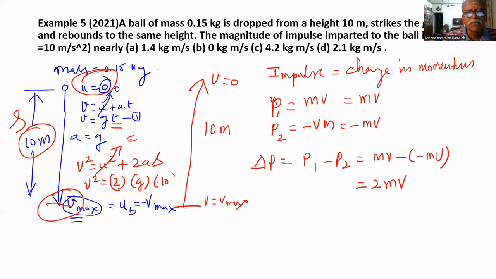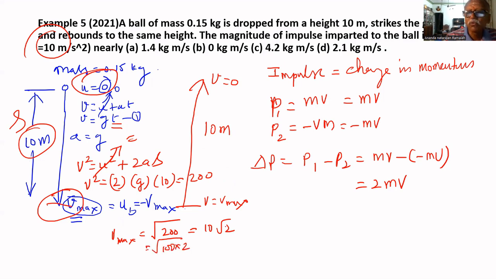S is 10, g is also given as 10 in the sum. Therefore v square equal to 200. Therefore V max equal to square root of 200. 200 can be written as root of 100 multiplied by 2, that is 10 root 2.